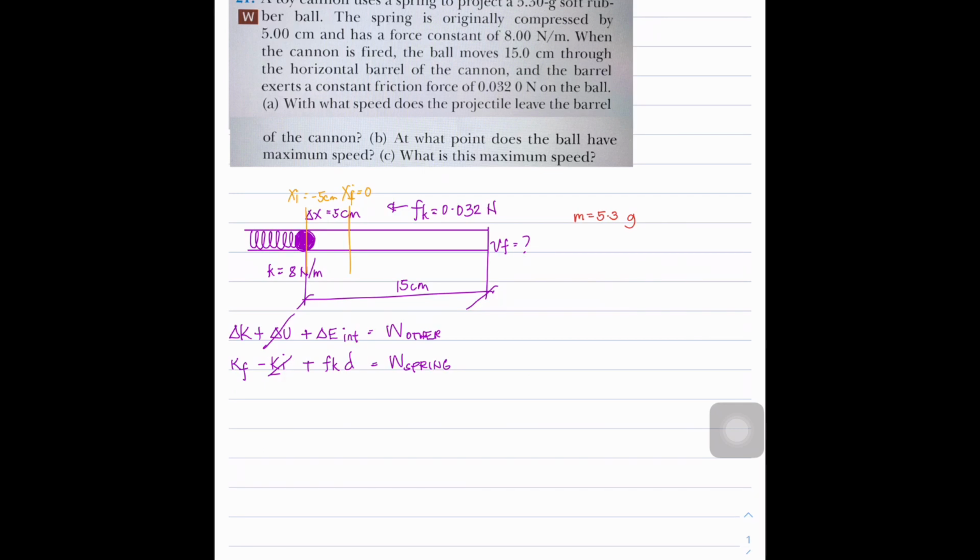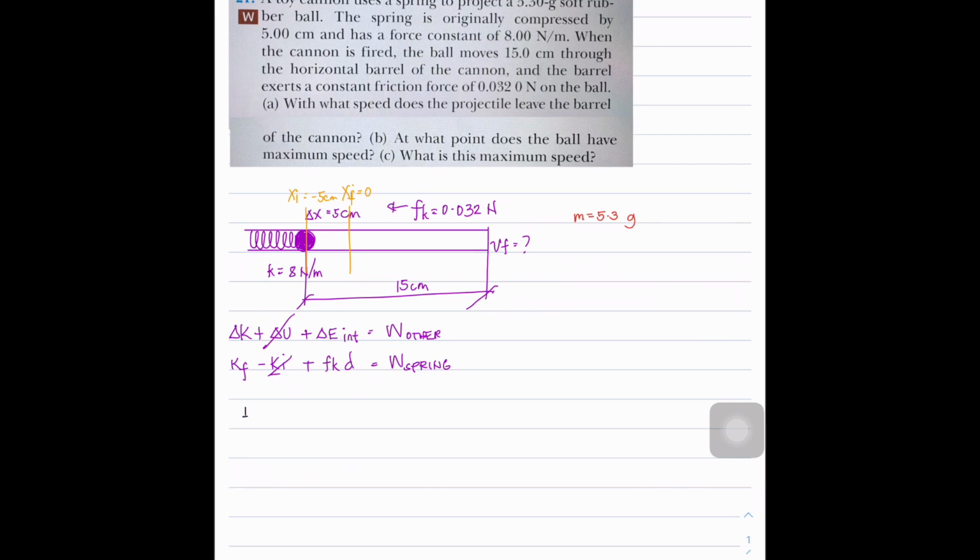Since we do not have any change in height, our change in potential energy is 0. Now, since the initial velocity is 0, therefore Ki is also 0, leaving us with this formula.